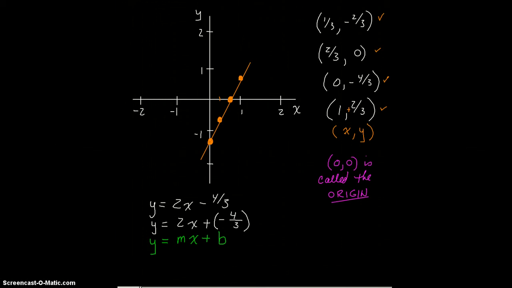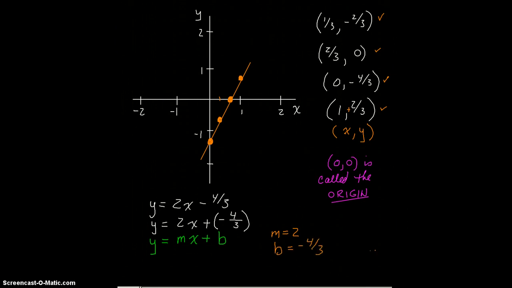So now if we match things up, y is equal to y, equals is the equal sign, m here must be 2, x is x, plus is plus, and b then is minus 4/3.